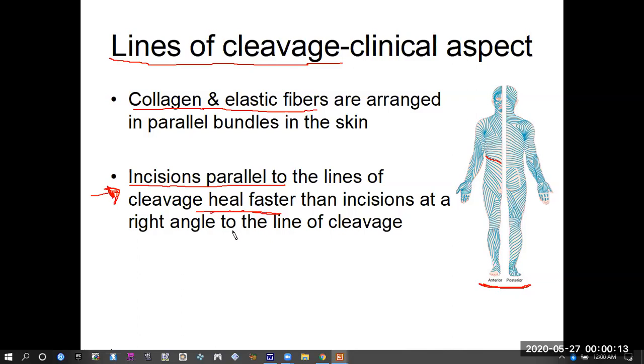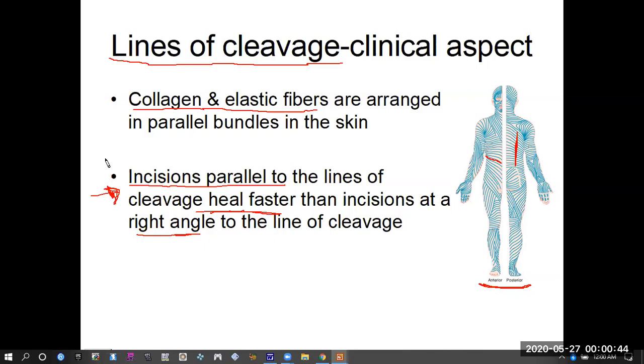And ultimately, over time, it'll have a more aesthetic, pleasing outcome. Whereas an incision that's at a right angle, if it's going perpendicular, this causes much more damage to the connective tissue fibers, cutting through them. Once sutured, this will be slower and more difficult to heal, and more likely to leave a pronounced scar.